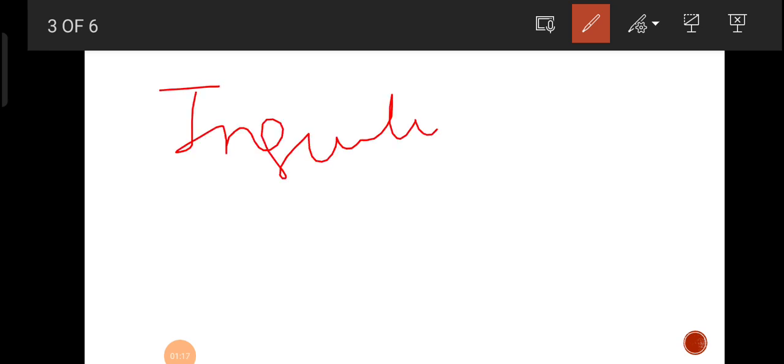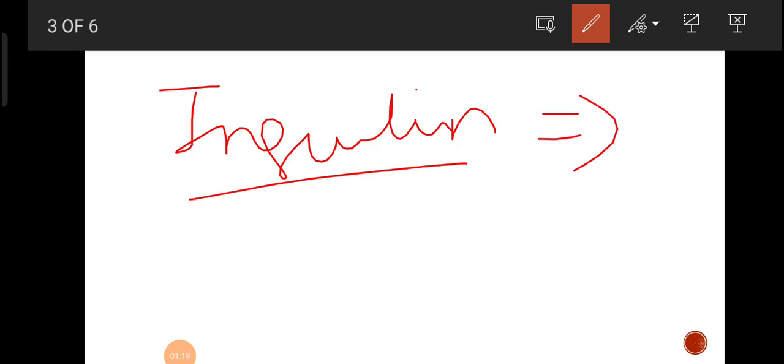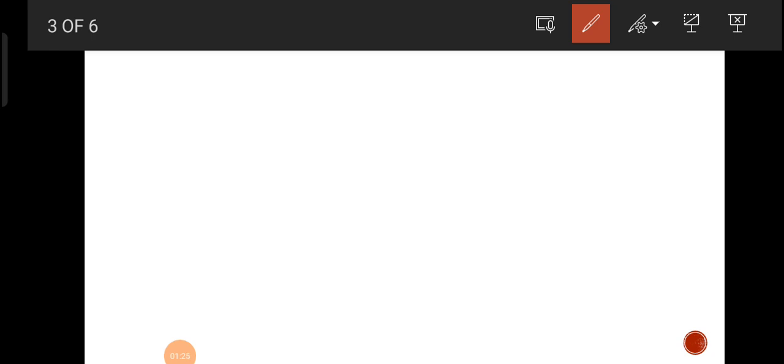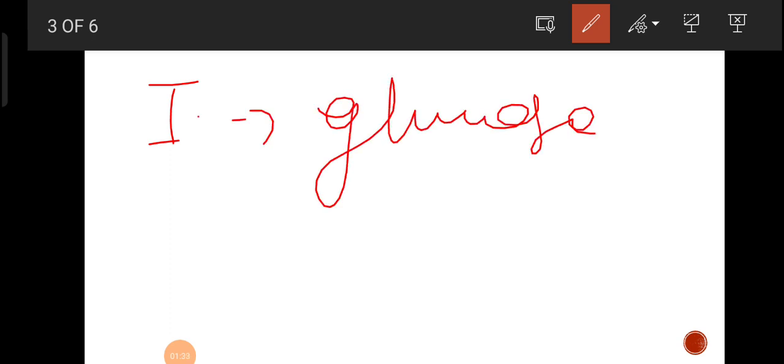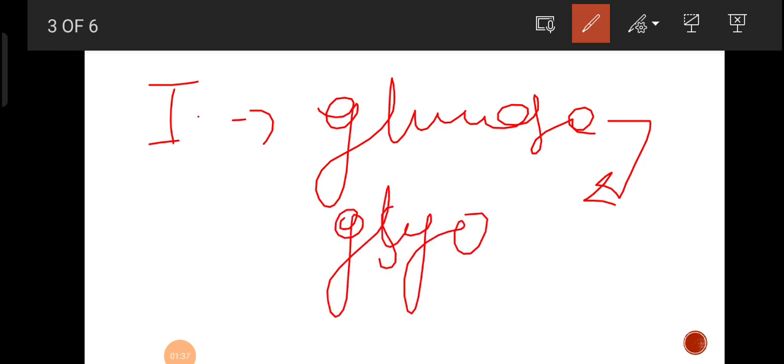First I will take the example of insulin, which is produced from the beta cells of the islets of Langerhans. Basically, in case of insulin, what does it do? Insulin converts glucose into glycogen. Glycogen is a storage form of glucose.